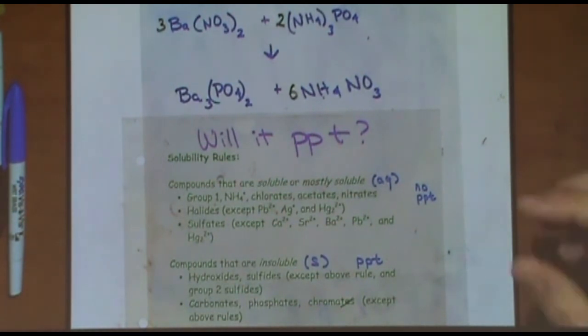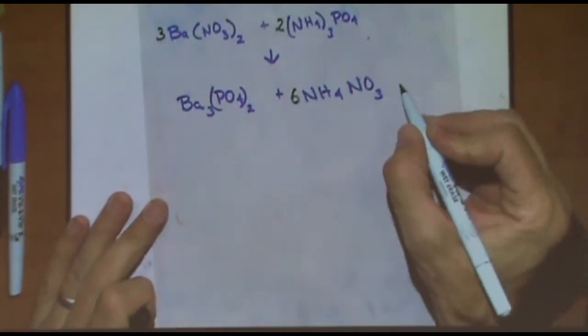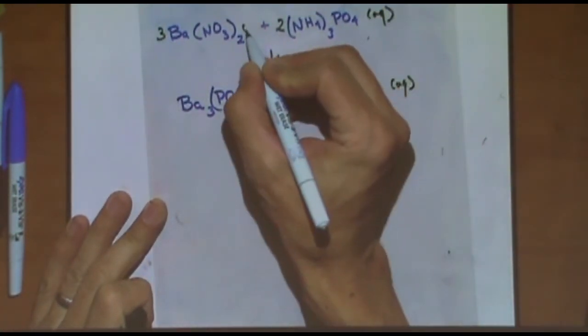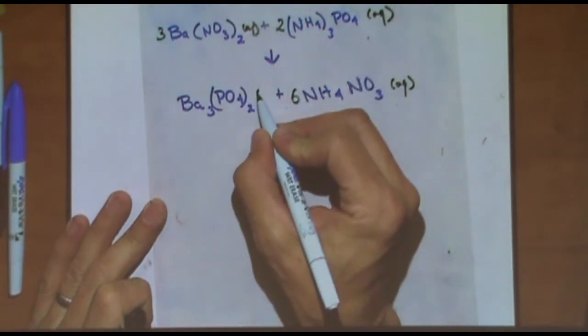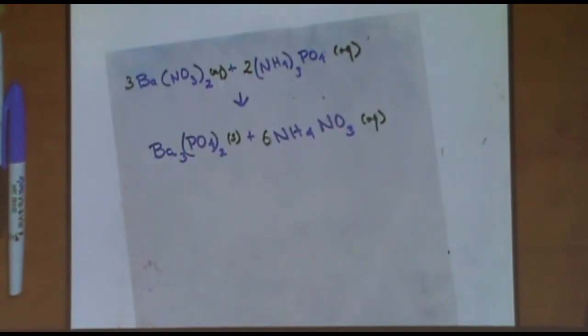Okay, let's move this out of the way. Now, let's write these down. I said aqueous here, or you did. Aqueous, solid. By the way, this has another name besides a double replacement reaction. It is called, starts with a P. Precipitation.